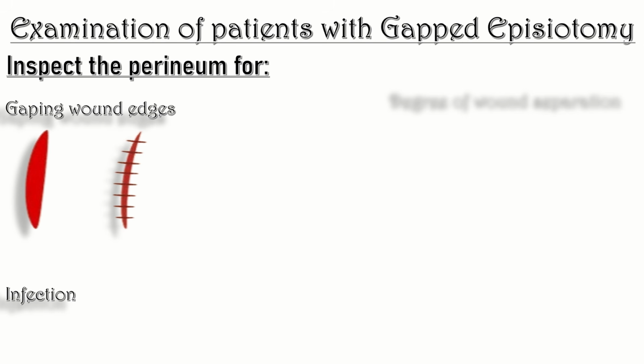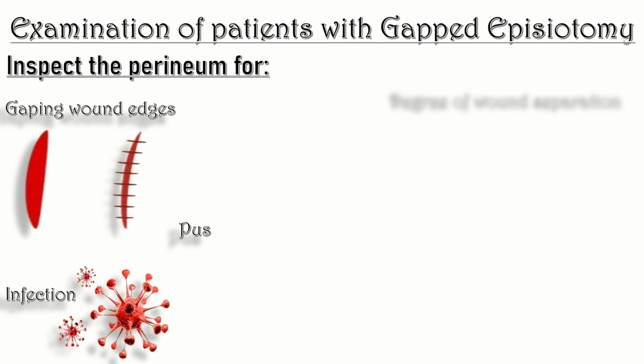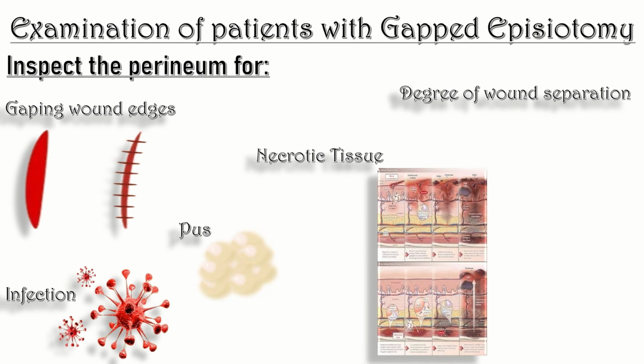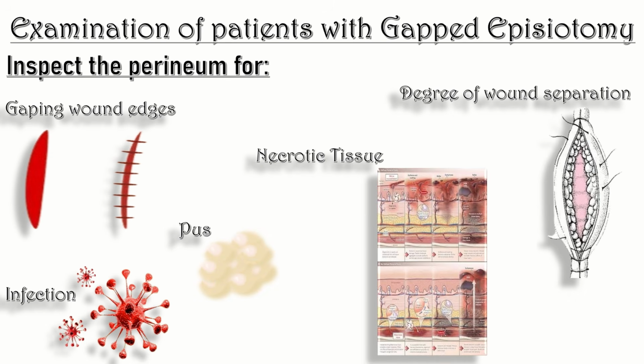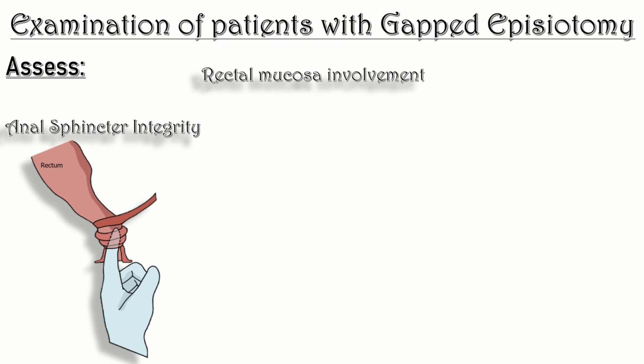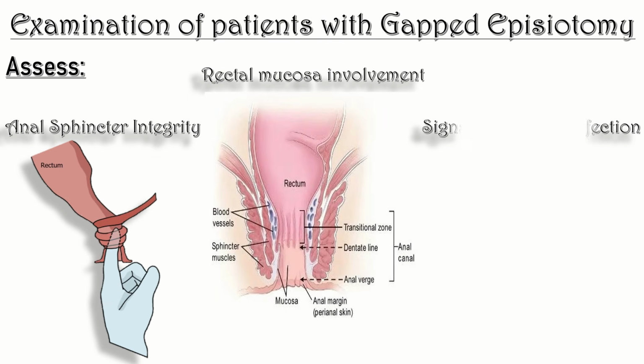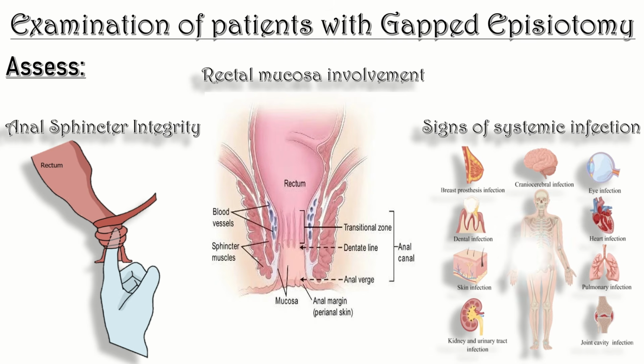Look for the signs of infection, any pus, the presence of necrotic tissue, degree of wound separation. Also assess the anal sphincter integrity, the rectal mucosal involvement, and the signs of systemic infection.